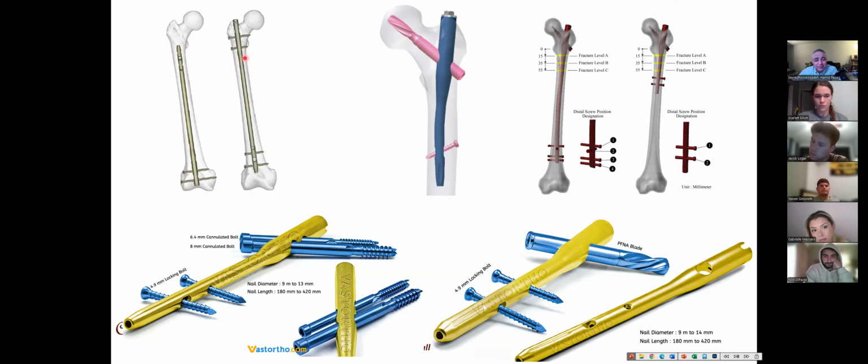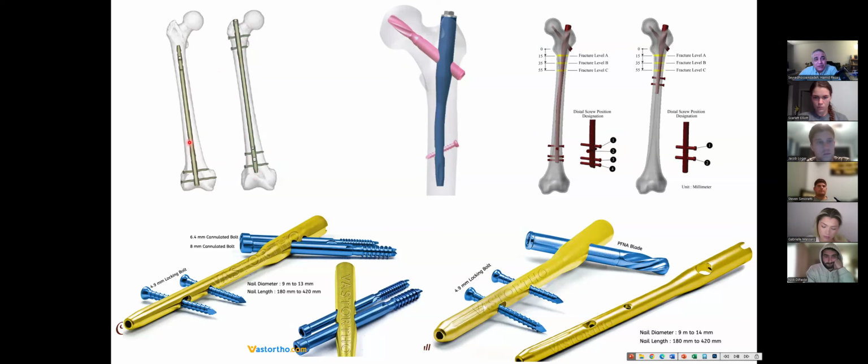We may have the same nail, but in reverse, it is called retrograde because it goes from distal to proximal. The surgeon must open the knee joint and insert it through the knee joint. Why do we use it? Because sometimes we have a fracture site very close to the knee. So from this side, we cannot fix it.